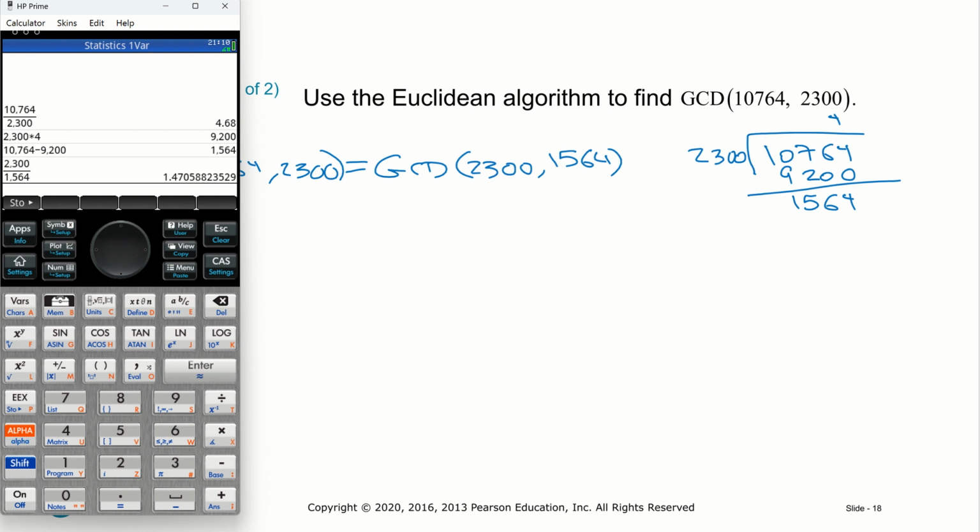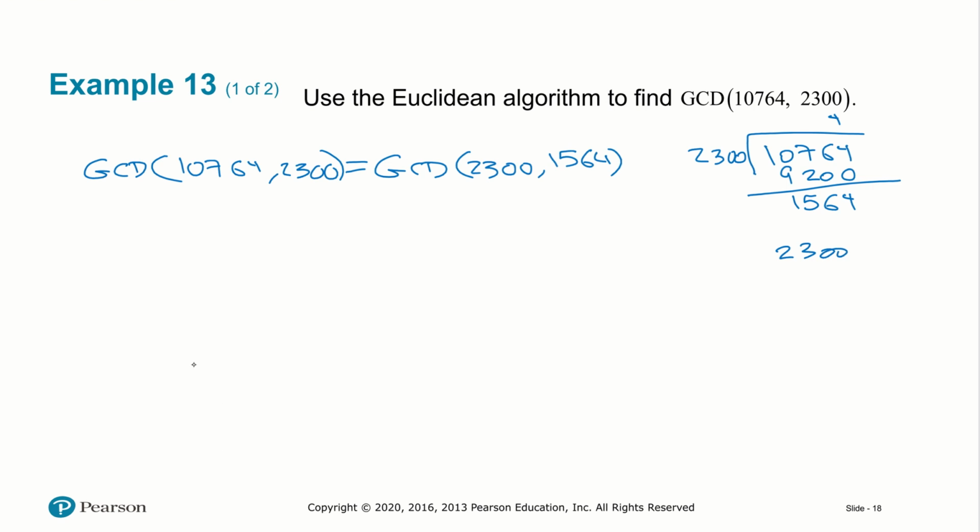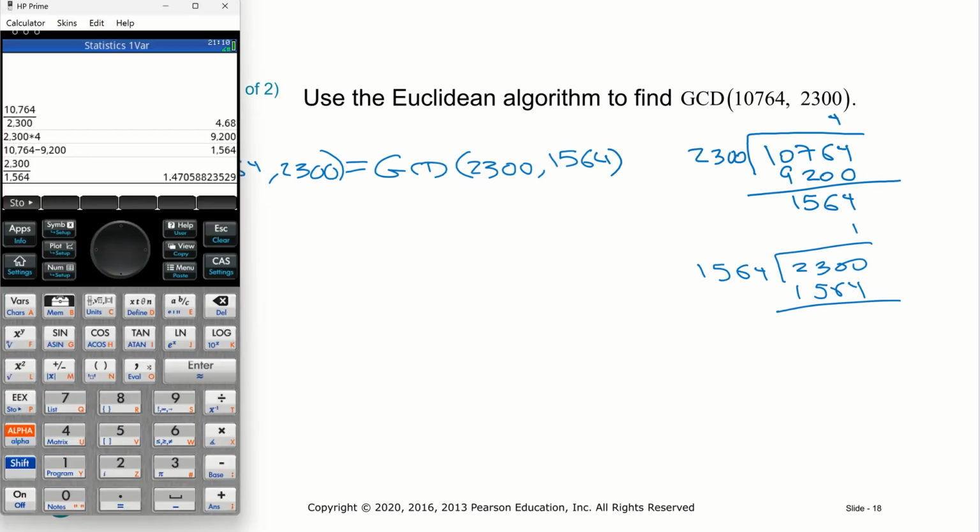So when we write it as a long division, notice we have this time 2,300 divided by 1,564. We get 1, so that's going to give me 1,564. And I'm going to go ahead and subtract. So 2,300 minus 1,564 is going to give me 736.